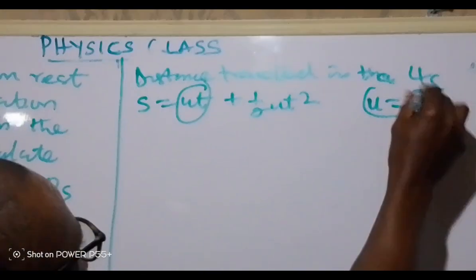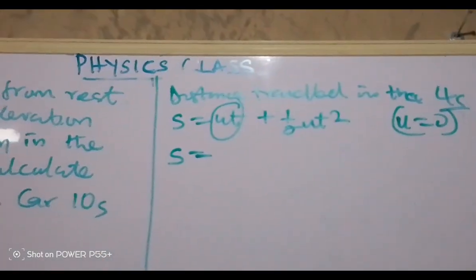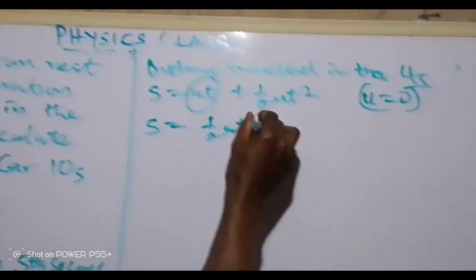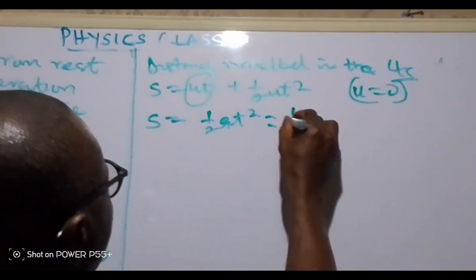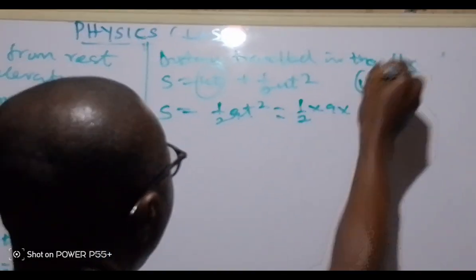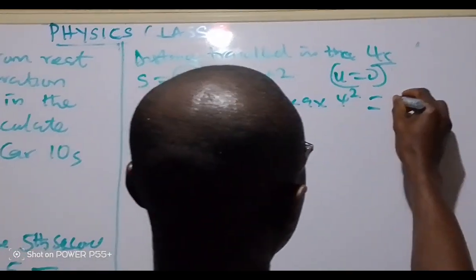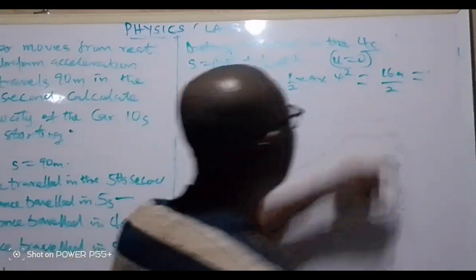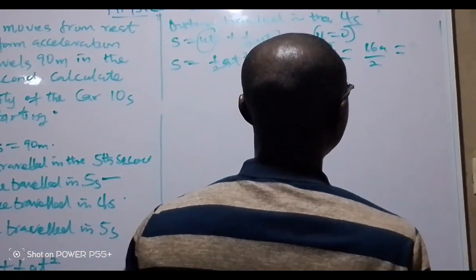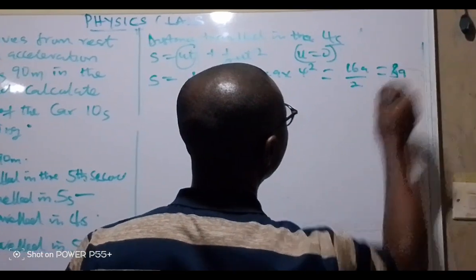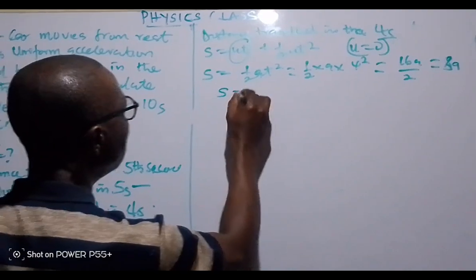We are now left with s is equal to half at squared. So this one will now give us half multiplied by a multiplied by 4 squared. So it will give us 16a over 2. This one will now give us 8a. Now, that is, for the 4 seconds, the distance is 8a.